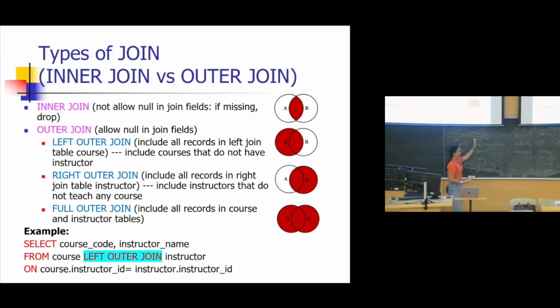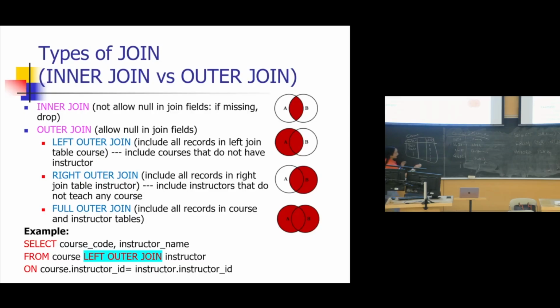So we know that instructor name is in the instructor table, right? Course code is in the course table. So this is our course table with the course code, for example, 3401, 3421, and so on. And course name, and then we only have instructor ID, right? And instructor is 1, 2, and so on.